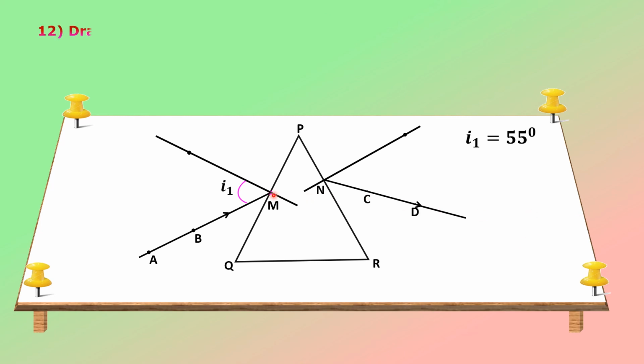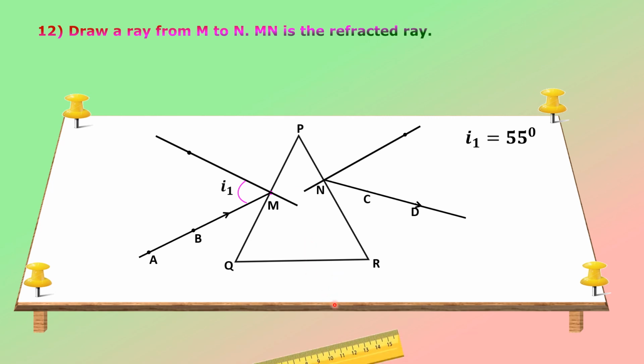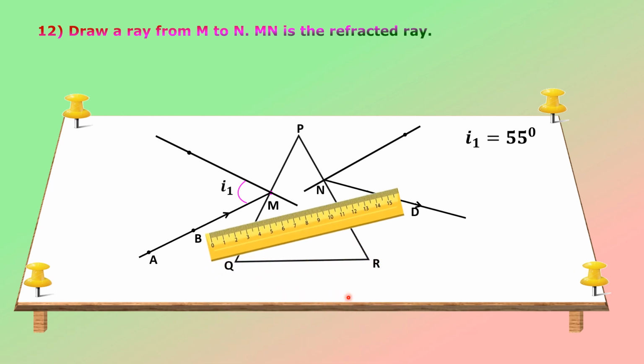Now we have to join M and N. That ray indicates the refracted ray. Let us join M and N.